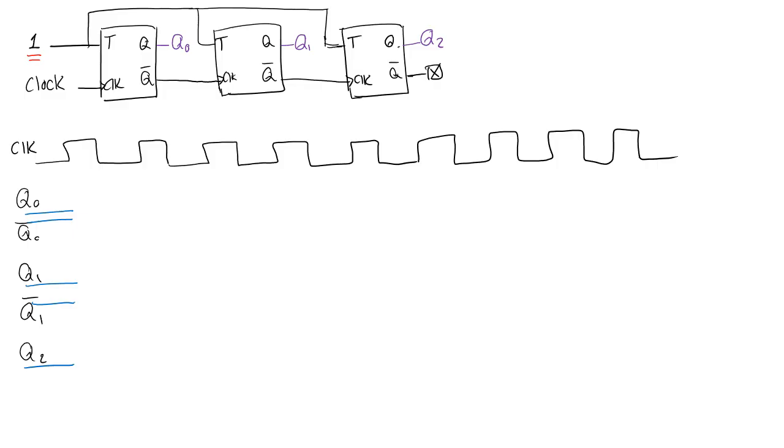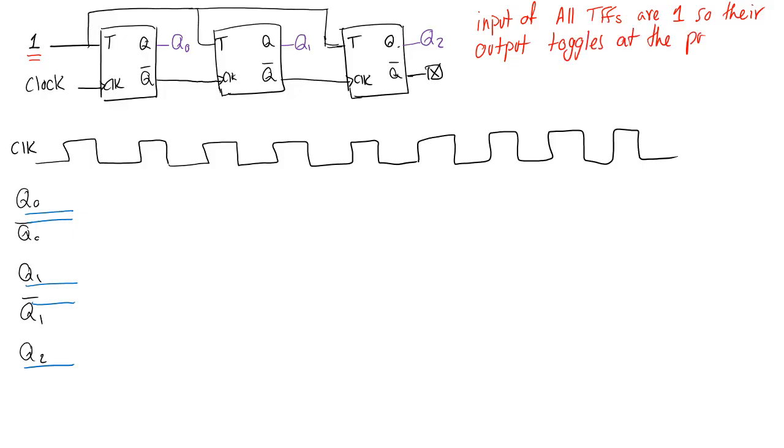So this is telling me that the inputs of all T flip-flops are 1, so their outputs toggle at the positive edge of their clock signals.